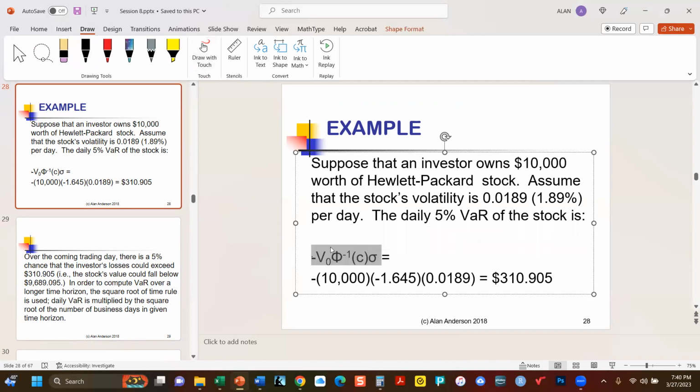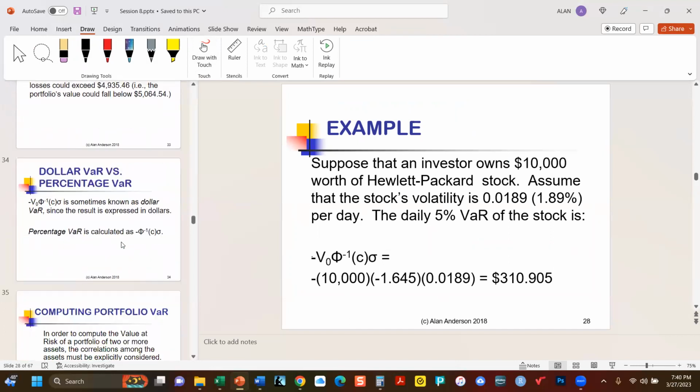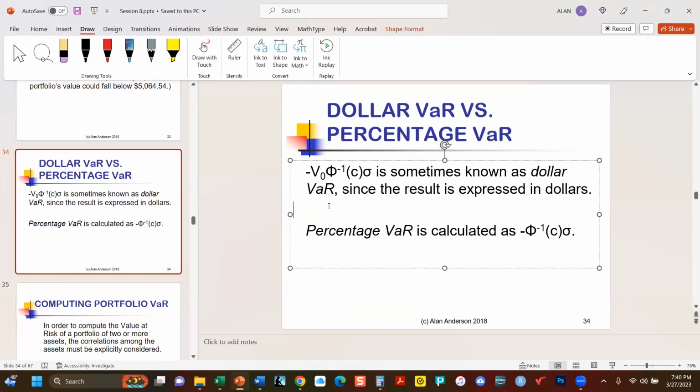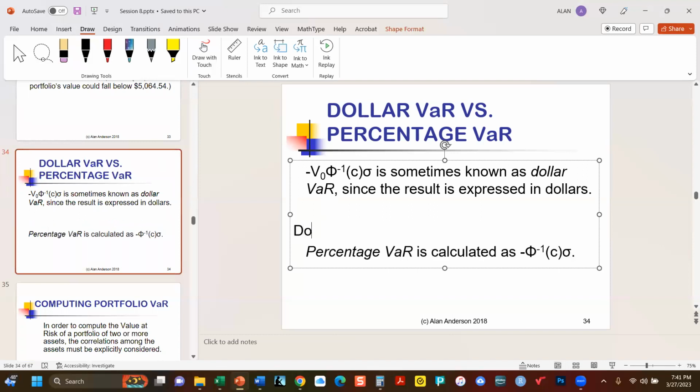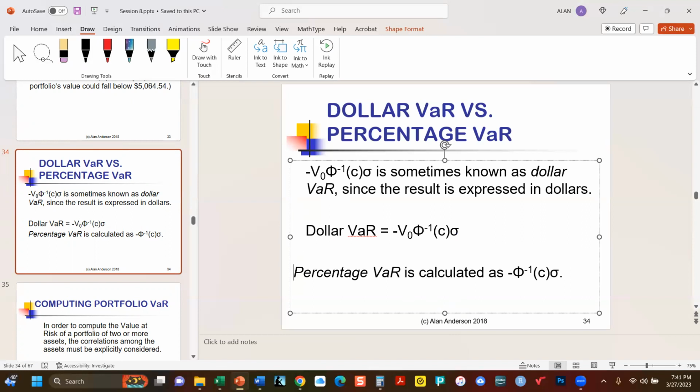Okay, so now all we're doing is leaving out the portfolio value. And we end up with a percentage VAR. So now we really can directly compare these side by side for any different portfolios that we choose, or individual assets for that matter.